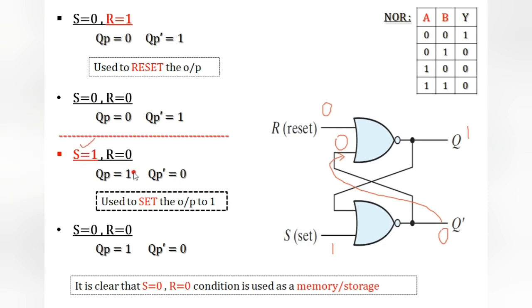So the output is set to 1. Set is 1 means the output is set to 1. So this is the complement. So the S1 R0 condition is used to set the output to 1.